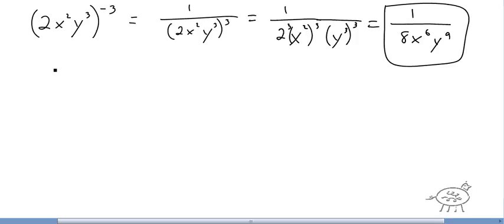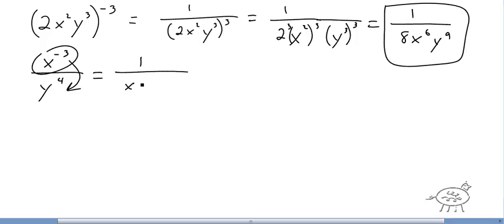So here's another one for you. X to the negative third over y to the 4th. Whatever has a negative exponent moves to the other side of the fraction. Whatever has a positive exponent, you don't do anything, it's just like normal. So the x is going down here, and that y to the 4th is staying where it's at. You always need a placeholder, so it's 1 over x cubed y to the 4th.